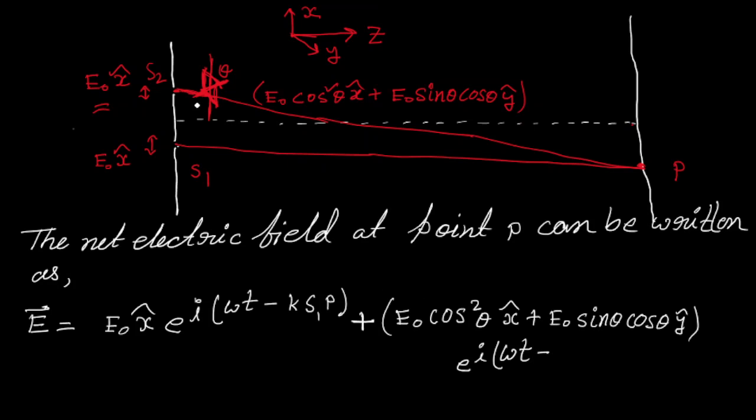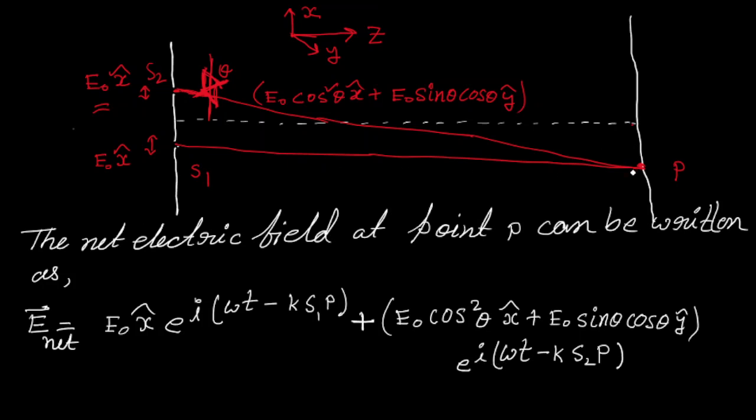Now it comes from the S2 point, so we write k S2P. So this is the net electric field at point P.